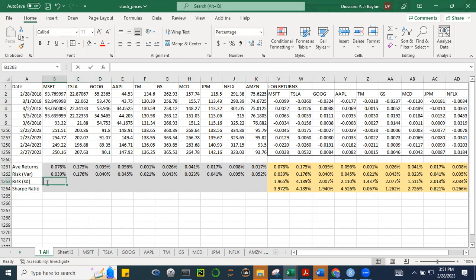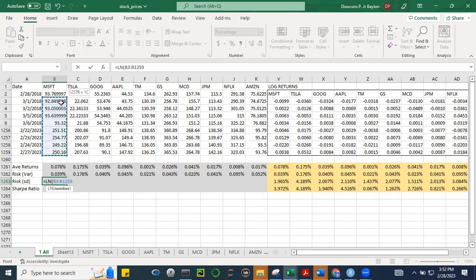And also, of course, for the risk, sisimulan muna natin ulit sa log, risk and standard deviation. Of course, you can just get the square root of this. No? Square root nito will give us this 1.965. But let's just follow the formula. It's the log of the prices at time t divided by the prices at time t minus 1. All right? So that's the log of that. And then let's get the STDEV.S, standard deviation.